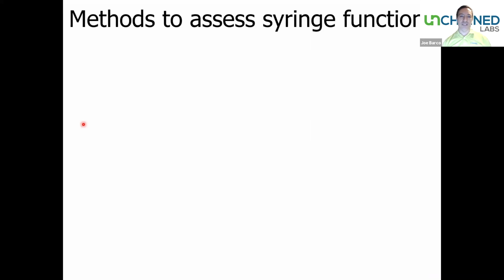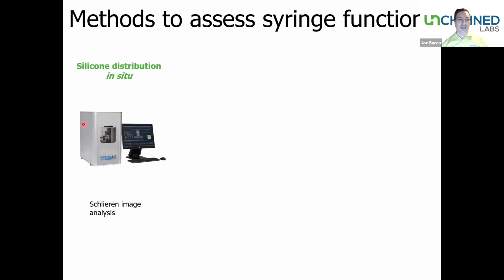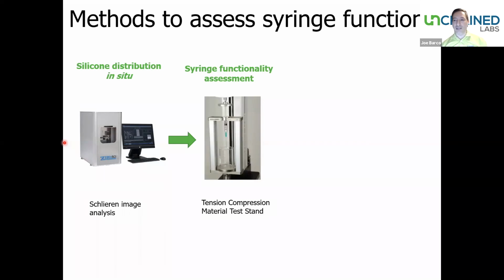Now, the way they use this from a device standpoint is there's a couple different types of measurements that they do. First, they do Schlieren imaging of the syringe. So before they do anything else to it, they take it out of storage, and capture images of the syringe barrel. The next thing they do is they run a compression test, which is to determine the glide force necessary to eject the solution within the syringe.